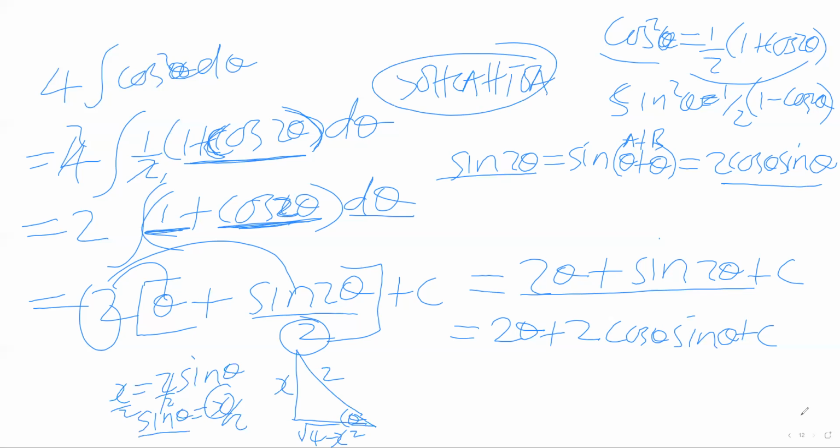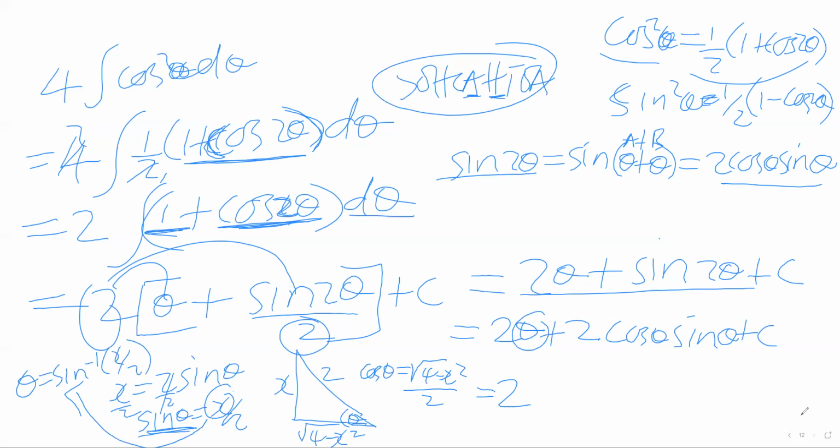So sine theta is x over 2. If I want to know what cos theta is, it's adjacent over hypotenuse. So adjacent from here is root 4 minus x squared, and hypotenuse is 2. So that's cos theta. What is theta from here? Theta is equal to sine inverse of x over 2.